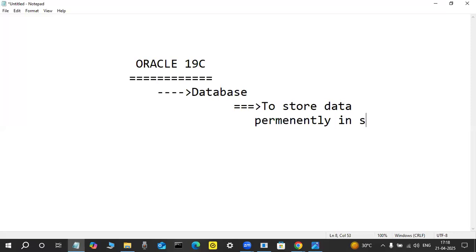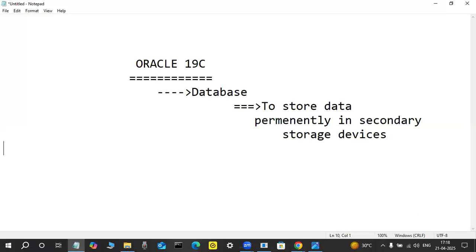Secondary storage devices means hard disk, or not? Yes. Up to this one, everyone knows. Maybe any non-technical persons are there. One minute, observe it here. Technical persons, everyone knows. Now check it out. Okay? Up to this one, everyone knows.